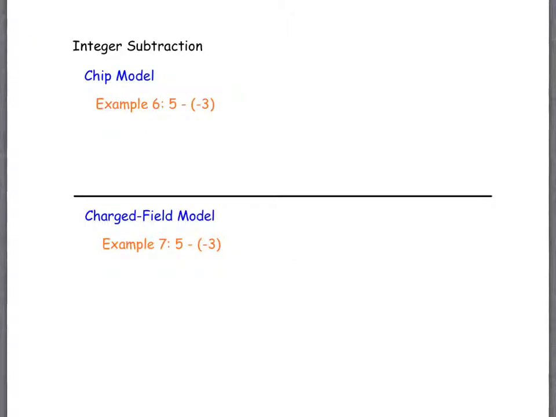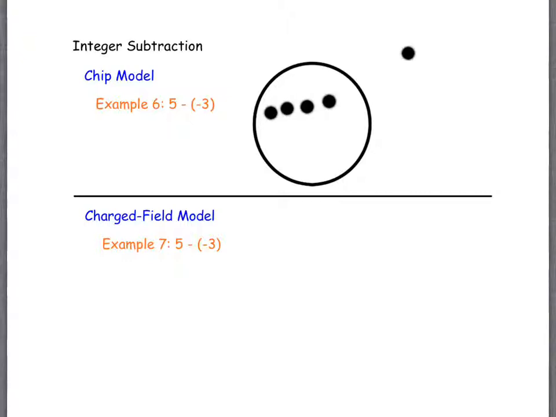All right, let me show you the CHIPS model idea first, and then we'll stop and pick back up here next time. So we talked about the CHIPS model before, the idea that we have these different chips, and one chip is going to represent positive, so I have positive 5. And then I've got the one chips that are going to represent my negatives. So there's my negative chip, and it's red.